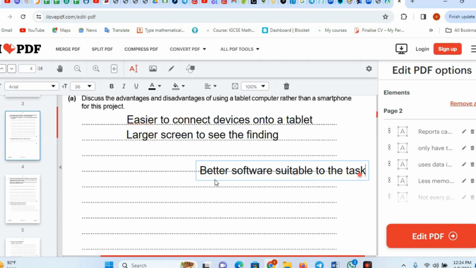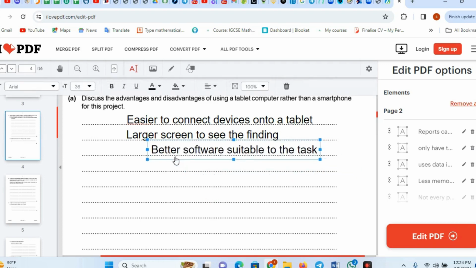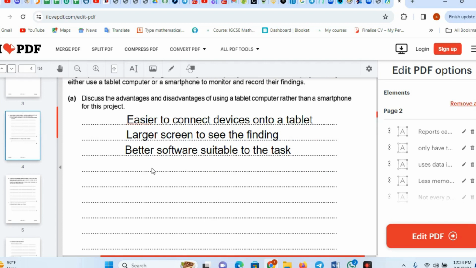That is, you have better data or better software that you can use on your tablet compared to your smartphones. We have other advantages, but I'm not going there. So we have three advantages now. Then we are going to have three disadvantages too.